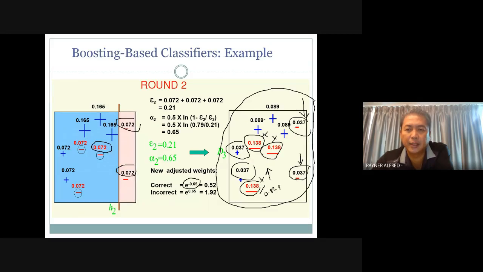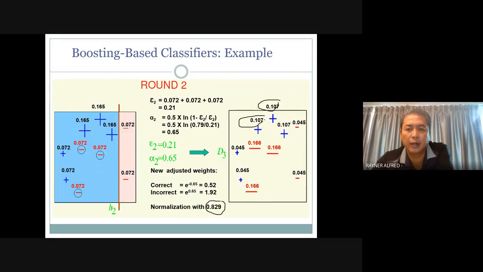This is previous, this is the new one. This is the normalized weightage after we divide all the previous weightage with these values.